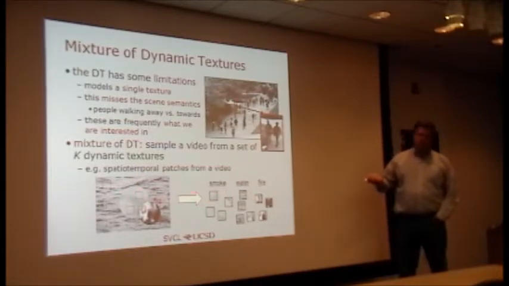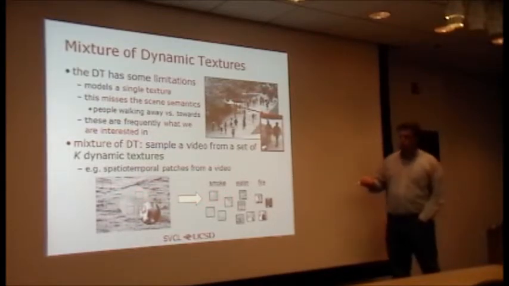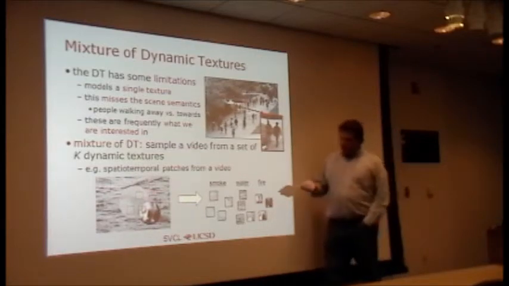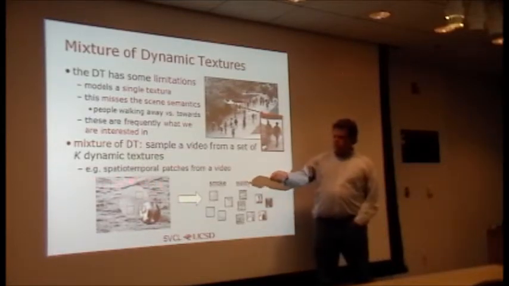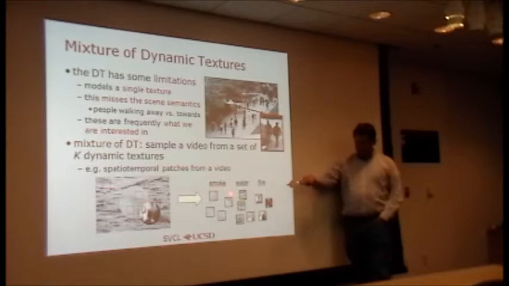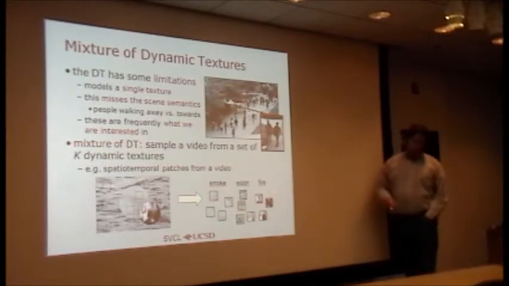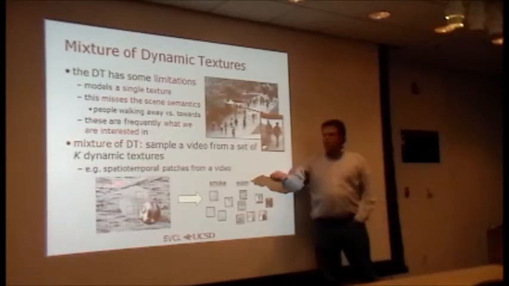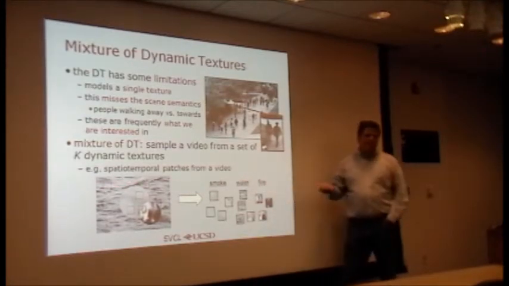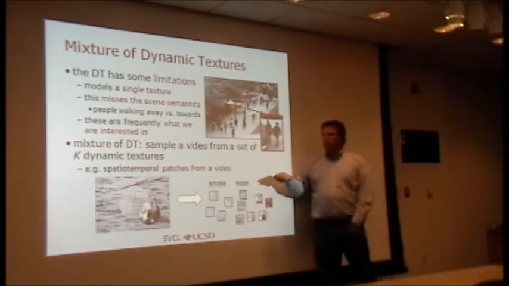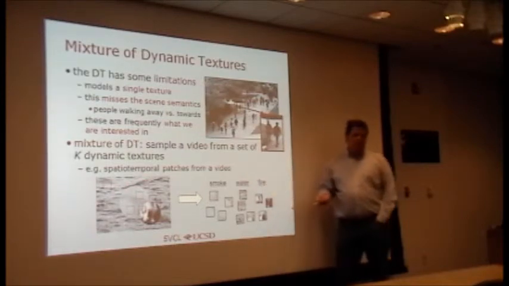I'm going to extract spatial temporal cubes from this video, spatial temporal cubes of water, of smoke, and of fire. And then I'll fit a mixture of these linear dynamic systems, so I will explain the video as a mixture of these linear dynamic systems.